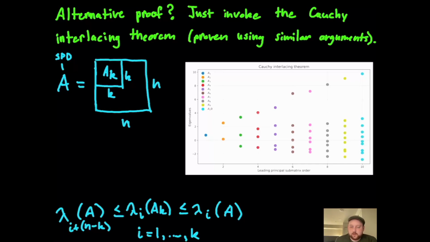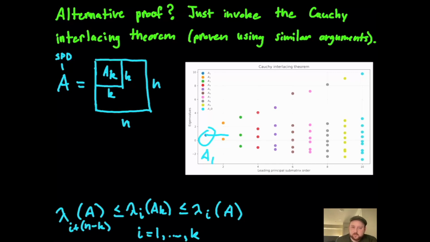So here I have a visual representation of what this means. I've taken a 10 by 10 SPD matrix, and I've plotted its eigenvalues for each of the successive submatrices. Here, this is A1, which only has one eigenvalue, and it happened to be that blue dot. When I move over to A2, that single eigenvalue interlaces the two eigenvalues of A2.